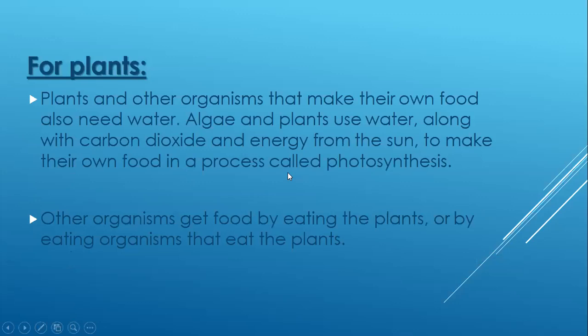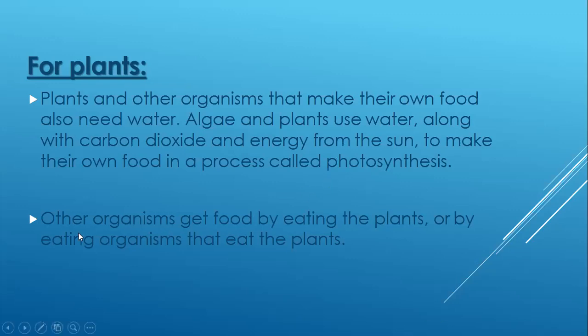Let's go further. Plants and other organisms that make their own food also need water. Algae, for example. We said algae live in water bodies, like in the sea, in lakes, in ponds, and plants use water along with carbon dioxide and energy from the sun in order to make their own food by the process of photosynthesis.